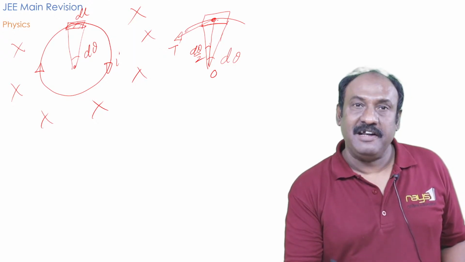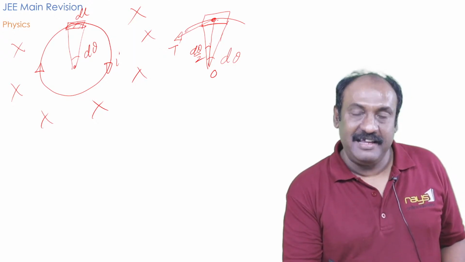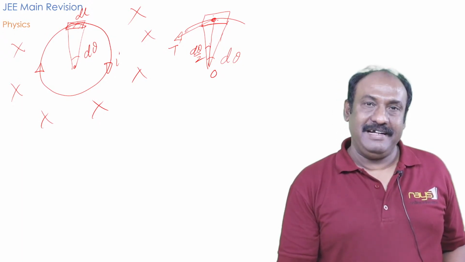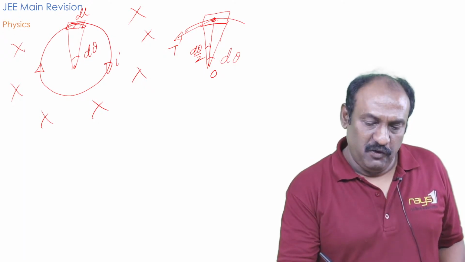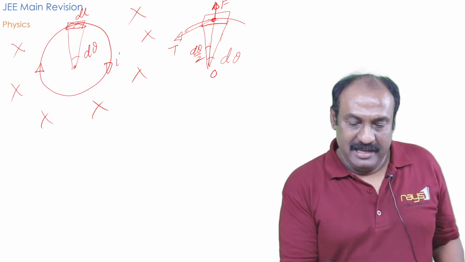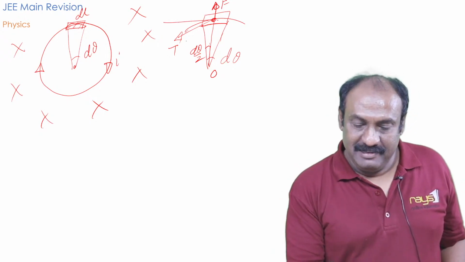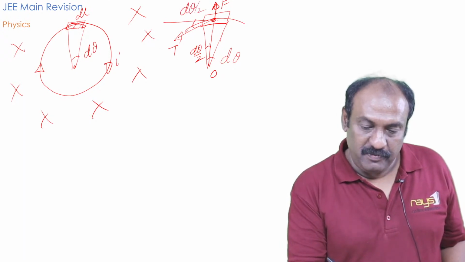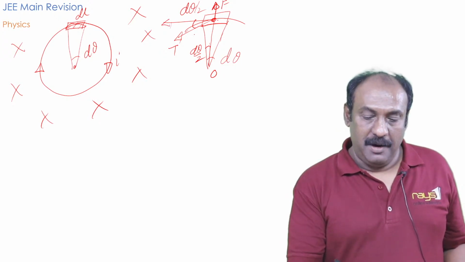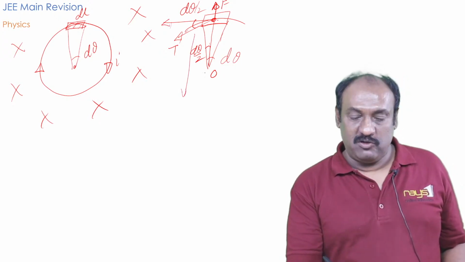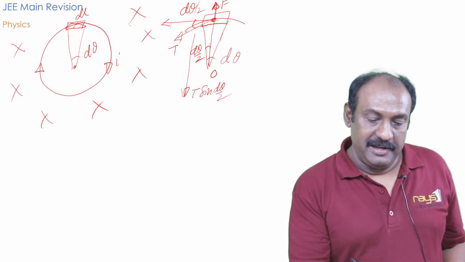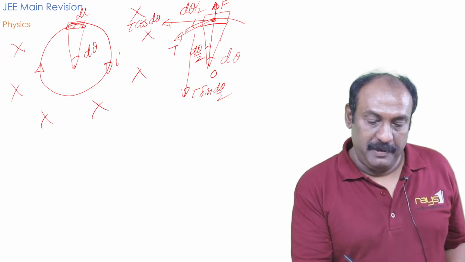Now, the tension in the string acts tangentially at this point of the elemental strip of length dl. So, the force acts radially outward. Now along the horizontal direction, this tension makes an angle d theta by 2. So, the component of tension along the vertical direction, that is towards the center, is T sin d theta by 2, and along the horizontal direction it is T cos d theta by 2.